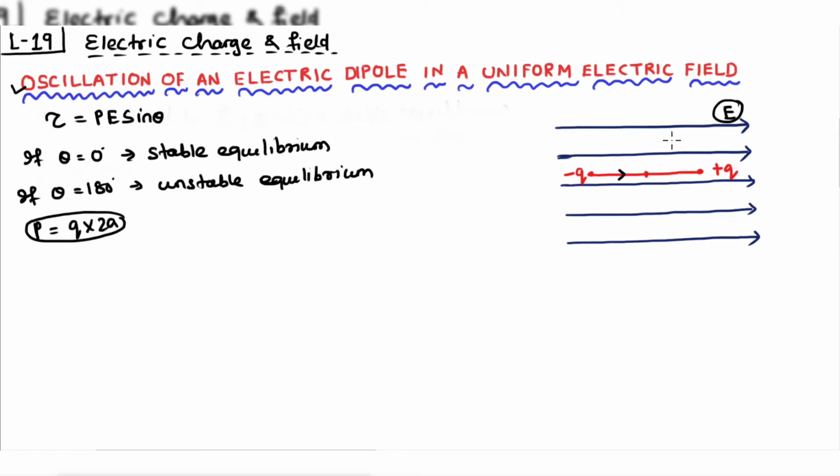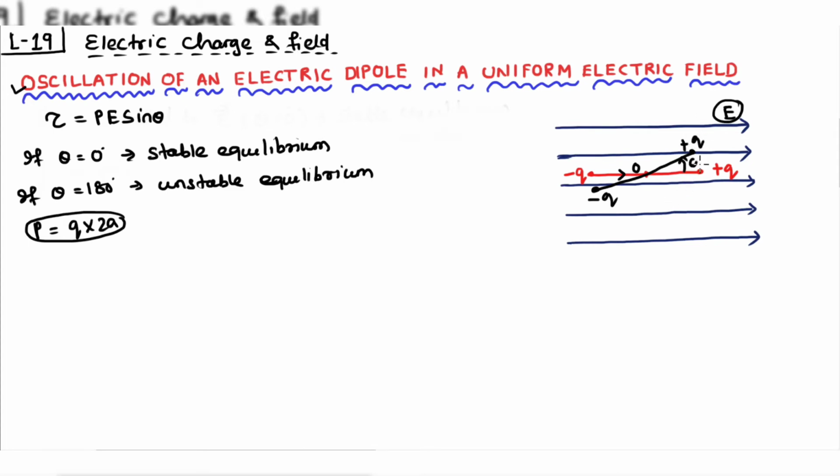Now if I slightly disturb this position of the dipole, then what will happen? For example, suppose I rotate the dipole about its center through a very small angle theta in the anti-clockwise direction.